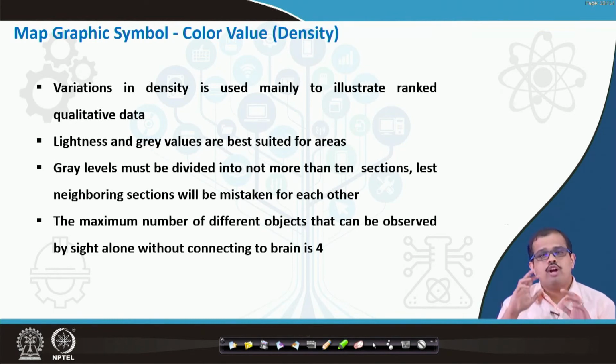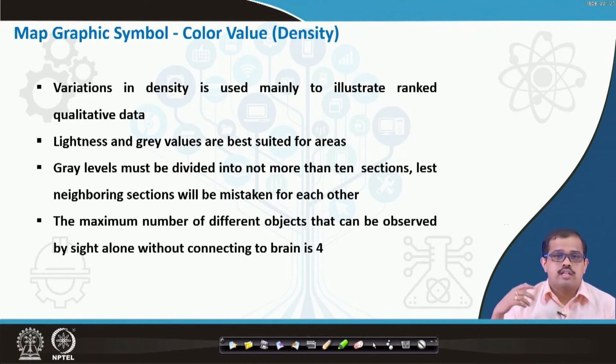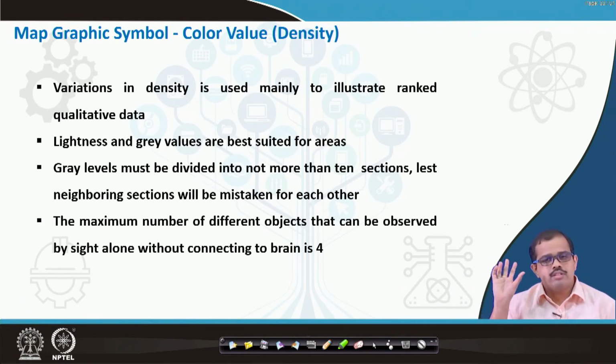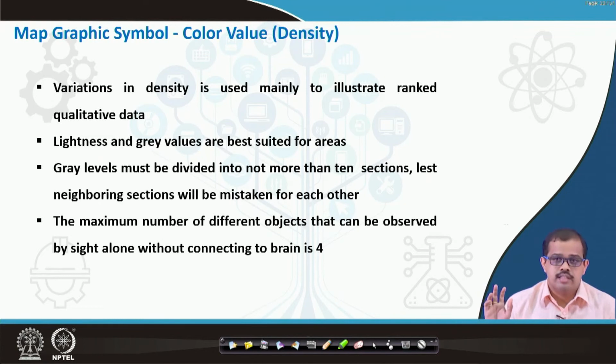So normally these are ranked qualitative data with very few sections, used in terms of color value or density value. The higher the density, the higher the value; the lower the density, the lower the value. Cartographers have mostly used 10 sections and not more than that. The maximum number of different objects that can be observed by sight alone without connecting to the brain is only 4.